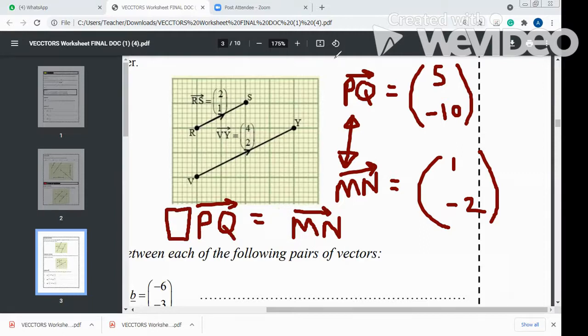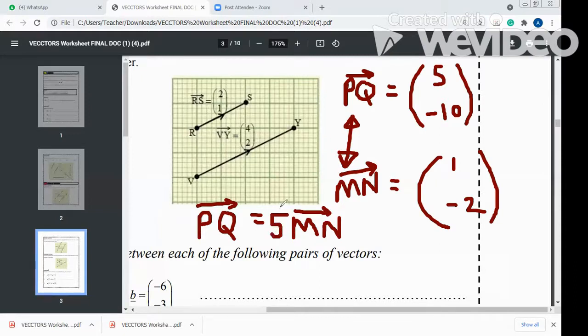Would it be the 5? All right. Where would you put the 5? Here or here? Left, PQ or right? Put it where MN is. Yes, it will have to go where MN is, as a positive.